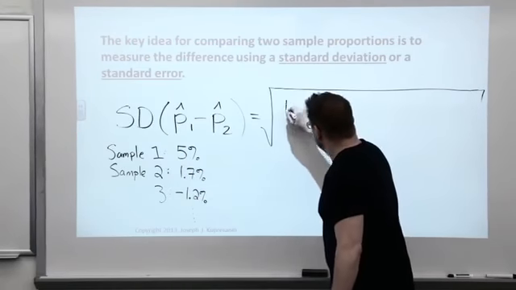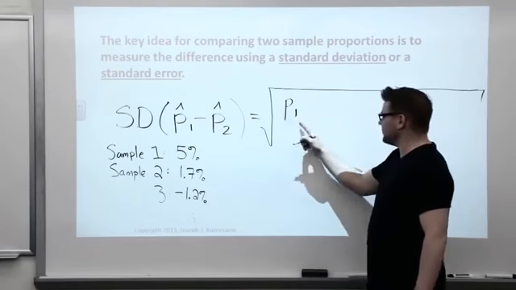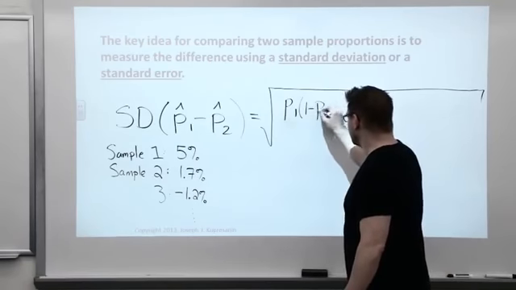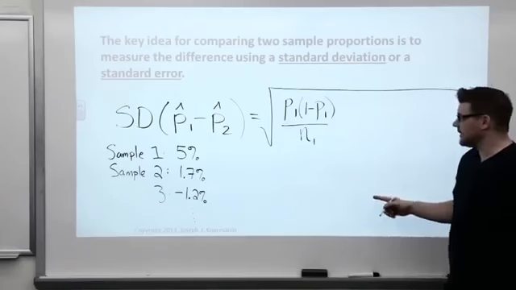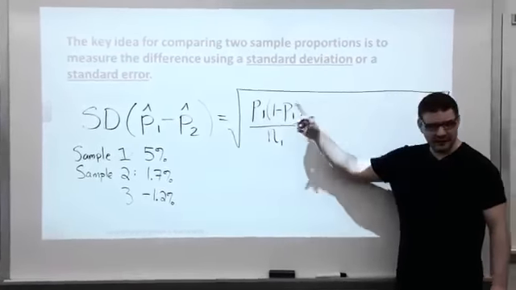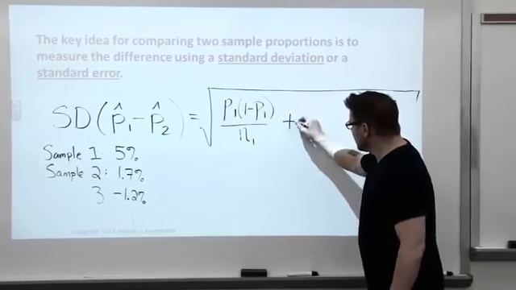Here's the formula. Put a P1 for the first sample. Now in our example this would have been females, but in general just 1 and 2. P1 times 1 minus P1, all over N1. And we've been working with proportions for a good couple of weeks, so this should look awfully familiar. Here's a symbol here. Put the plus.